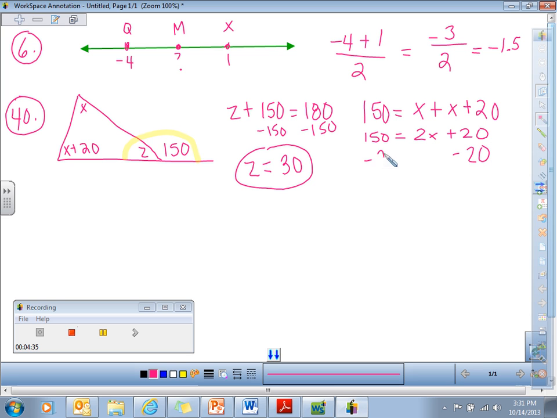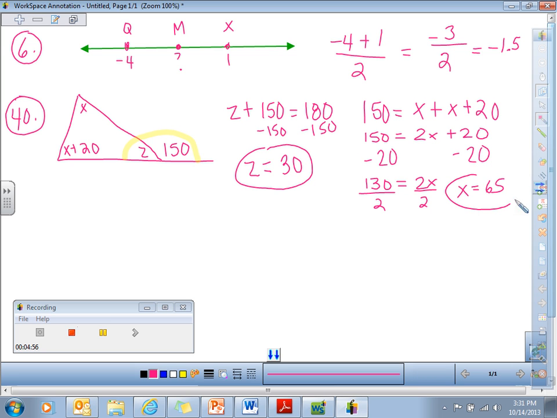Subtract 20, good. What's 150 minus 20? 130 is equal to 2X. Divide both sides by 2. So X is, are you answering the question, Amanda, or you have a question? Okay. One second. X will be 65.